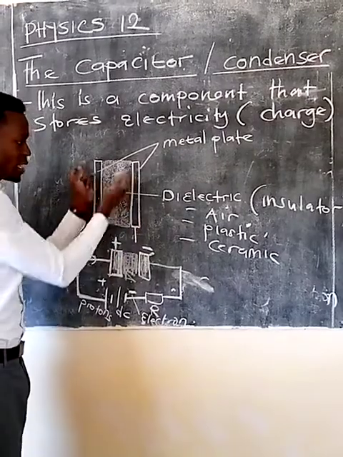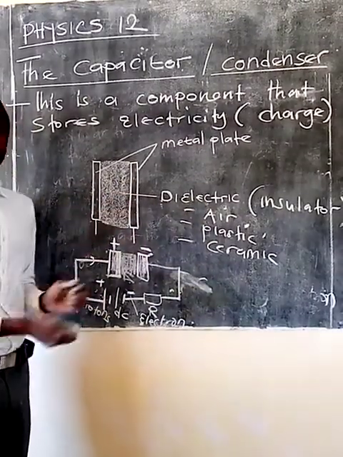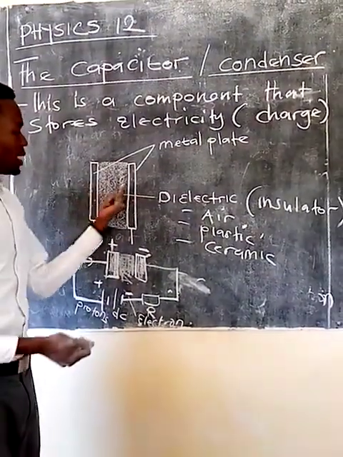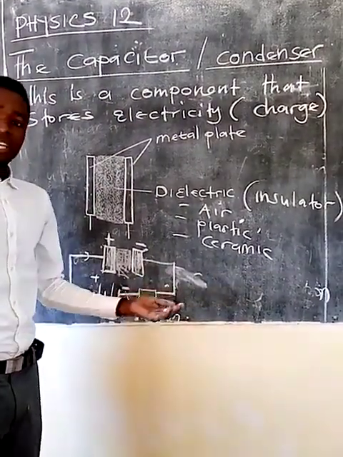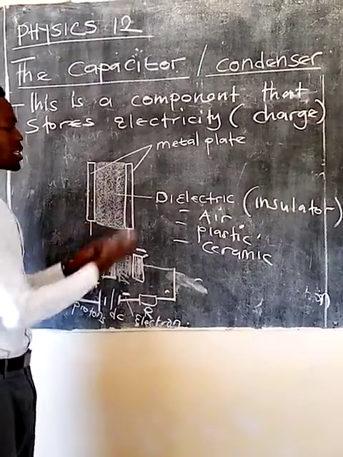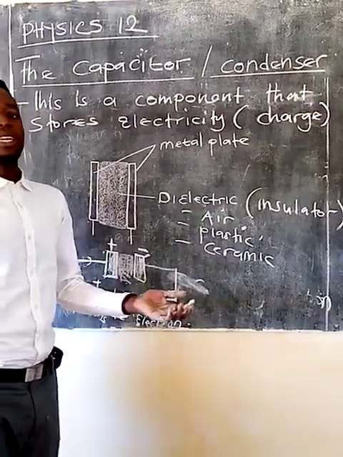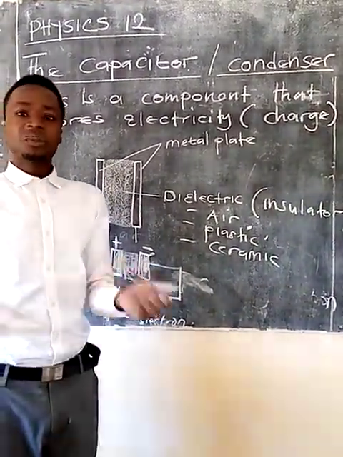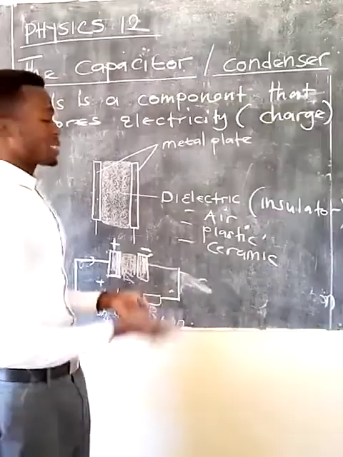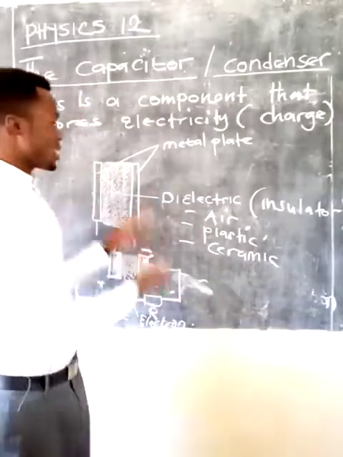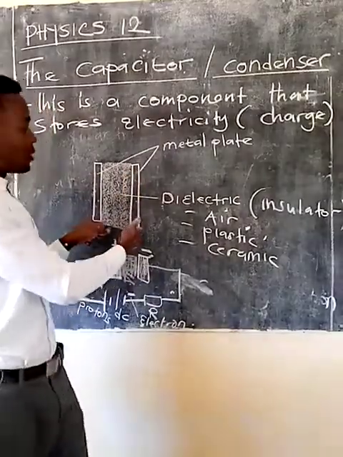That's the function there. It is an insulator, meaning that charge cannot pass through this insulating material which is there. So I've given you an example. This is the concept that is used when you are making a power bank, or those small rechargeable batteries. We can use the same concept. These are just two metal plates.